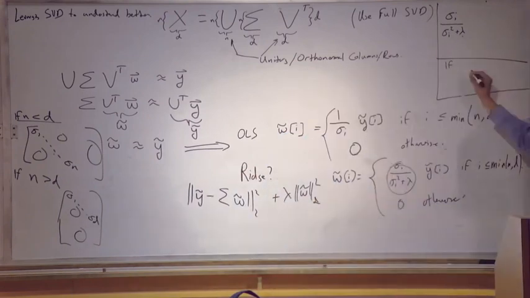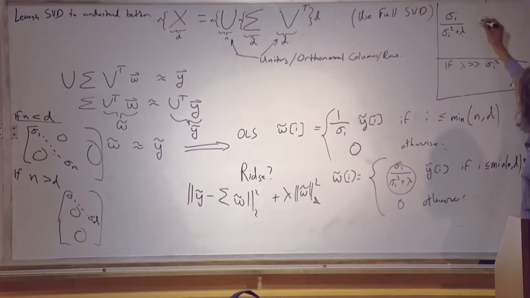So if lambda is much bigger than sigma i squared, then this thing is approximately equal to sigma i divided by lambda.